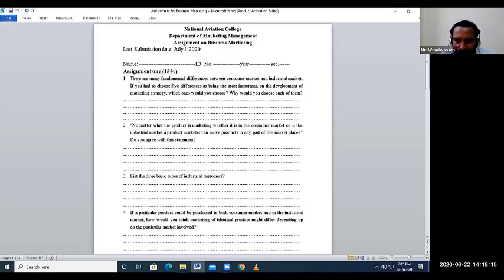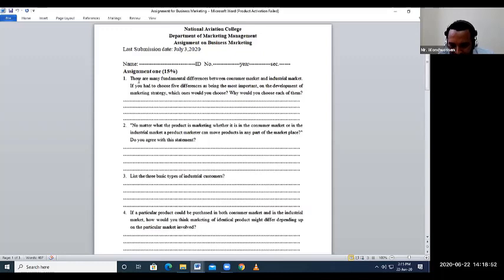Since price provides revenue for the company, it's the source of income, whereas the other Ps, the product, the promotion, and the place or distribution, are sources of cost. It's an expense.